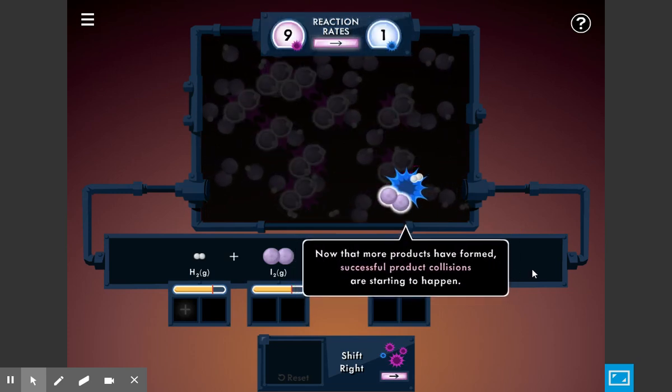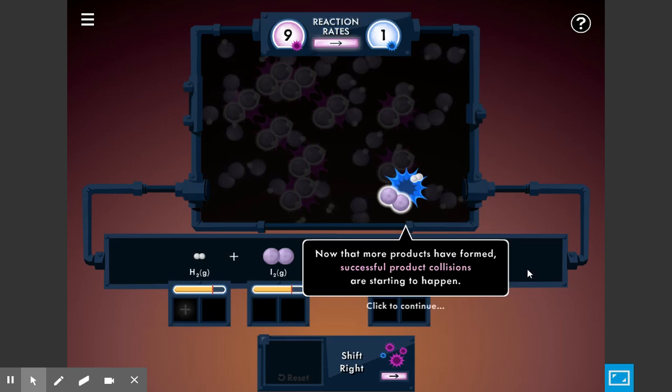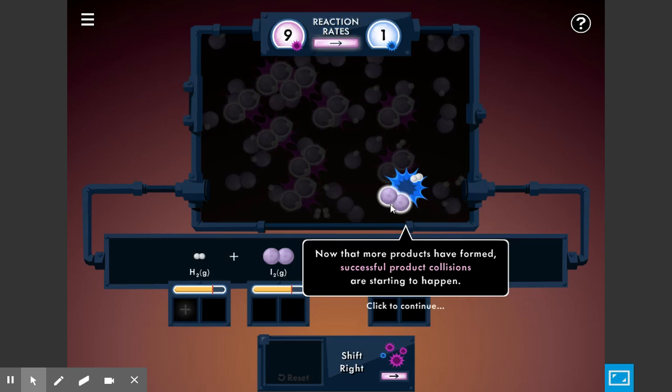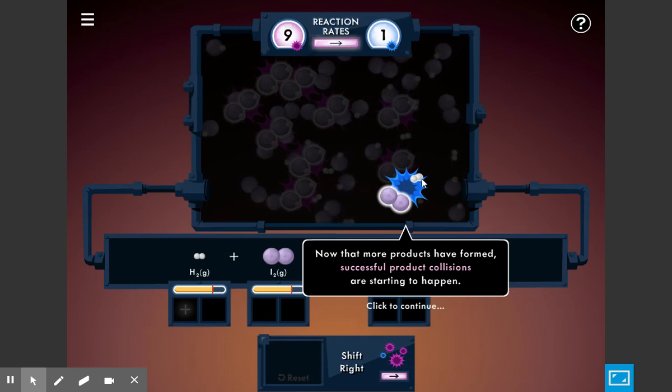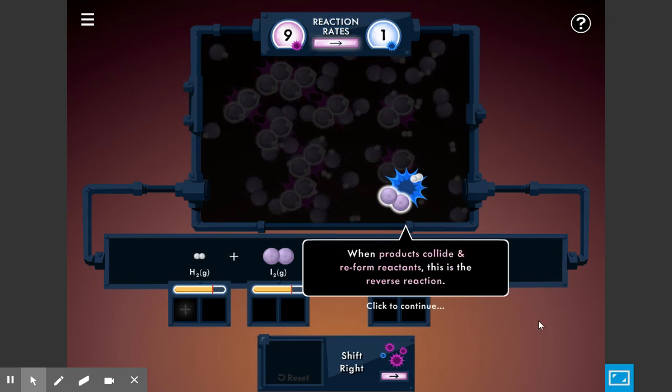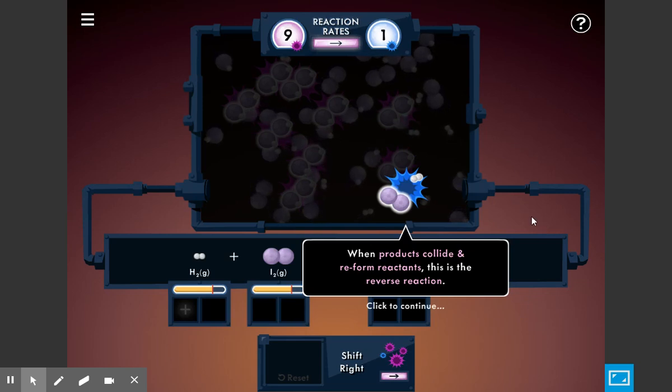Now that more products have formed, there are successful product collisions that can occur as well. So previously we had 2 moles of HI, and they collided to reform 1 mole of I2 and 1 mole of H2. When products collide and reform reactants, that is our reverse reaction.